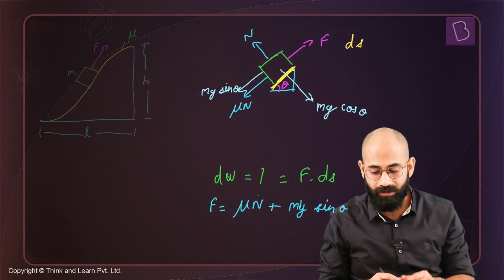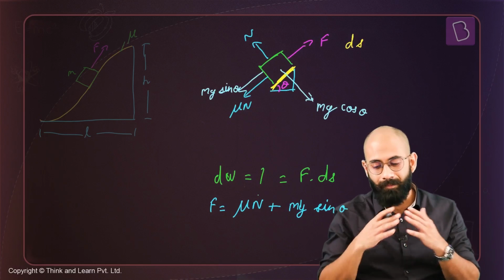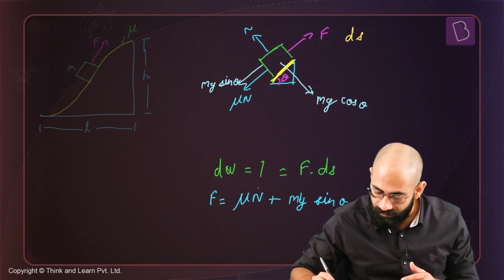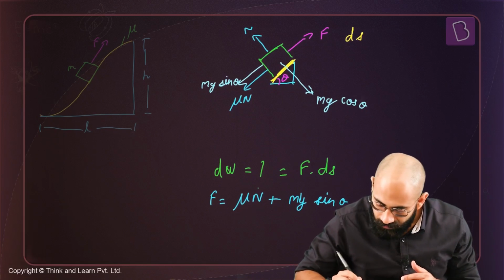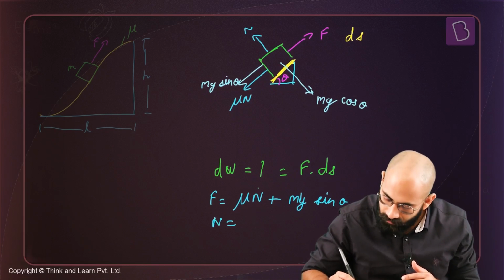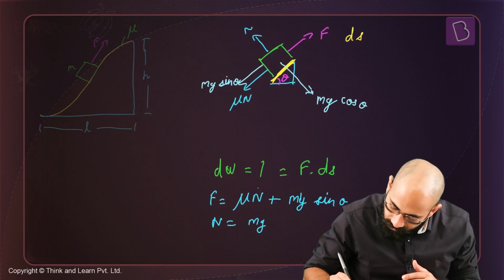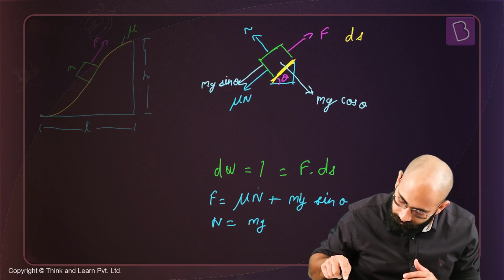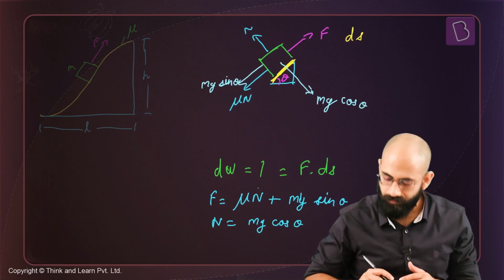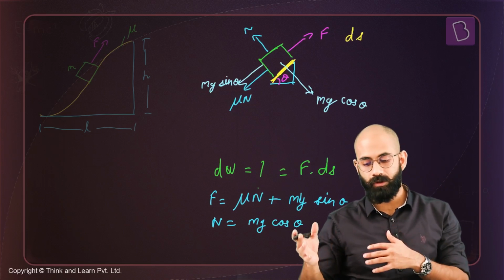We have to find the value of N. But thankfully, in the perpendicular direction as well, the forces are equal, so we can say that N is equal to mg cos theta. Right? Now these are the two equations we get.